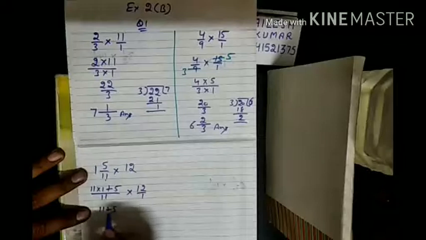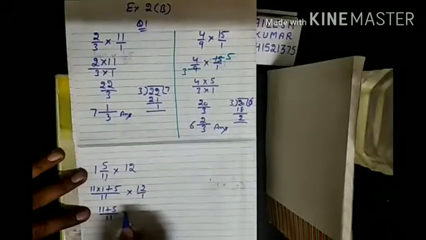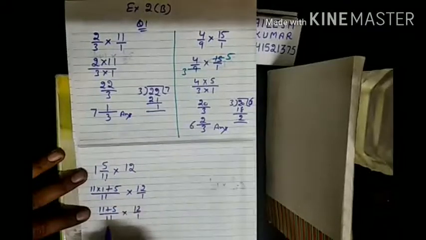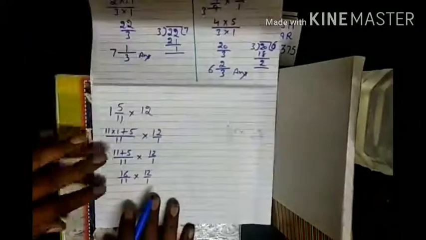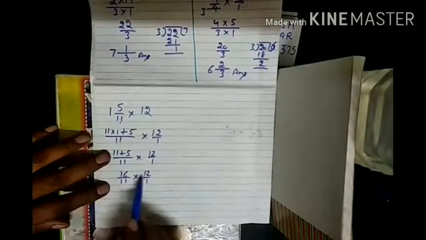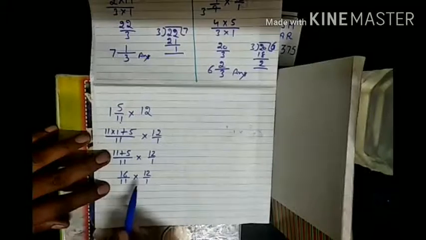So it becomes 16 by 11 multiply 12 by 1. Now here you can see in the numerator and the denominator there is no common factor.